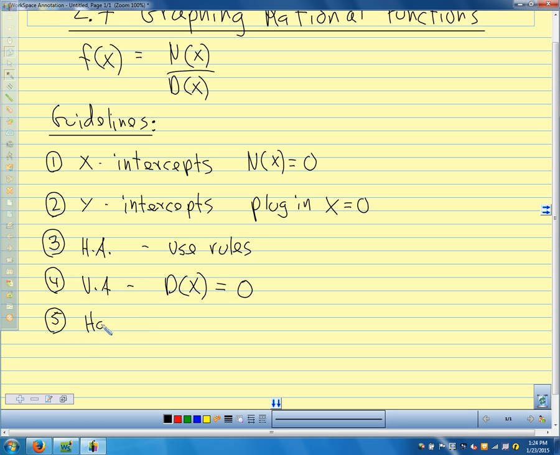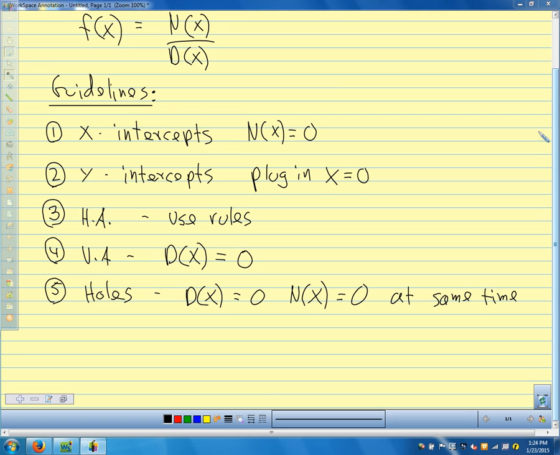We also need to check for holes. So where do we find a hole? When d of x equals 0 and n of x equals 0 at the same time. So we end up with a common factor in the numerator and denominator.